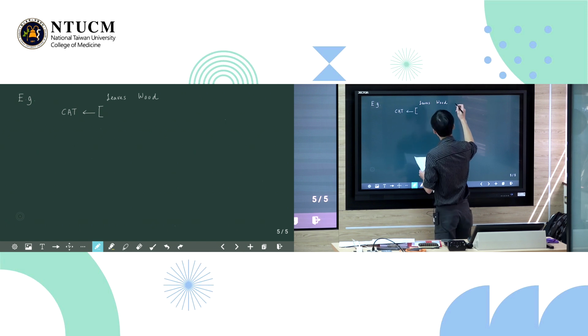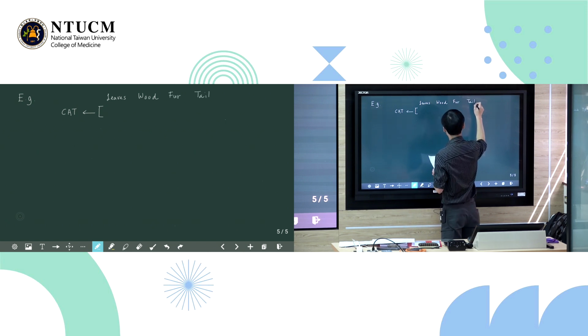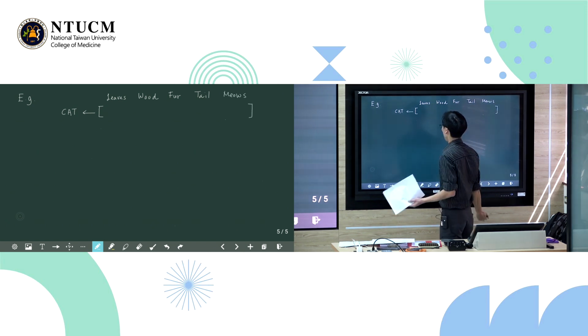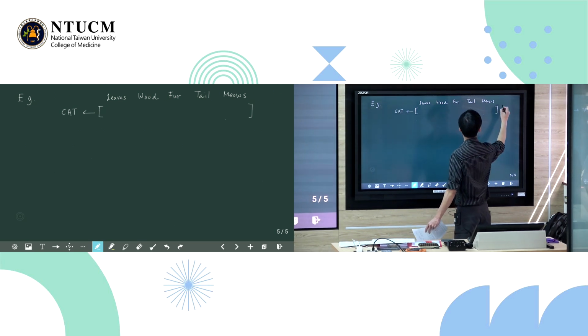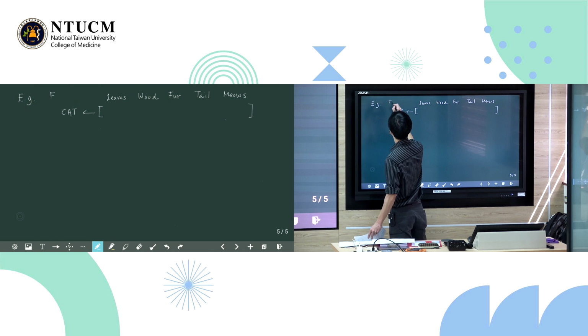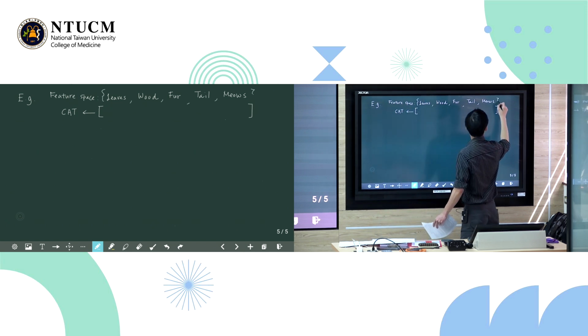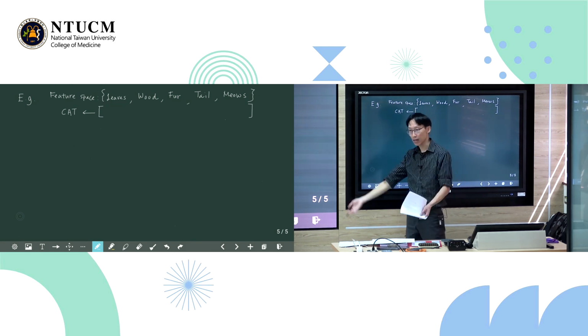Let's say we have these features: fur, tail, and meows. So if we want to say what defines a cat in this feature space, it consists of these 5 dimensions, these 5 elements.